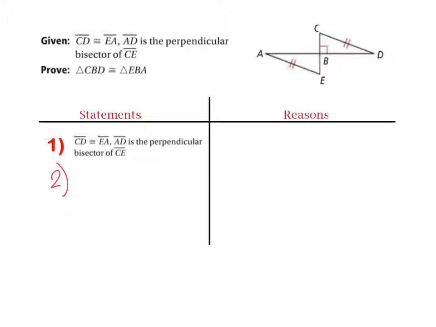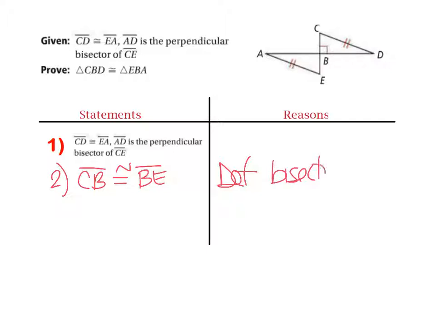Well, that means that these two legs would have to be the same if that's going to bisect CE. So I'm going to state that. I'm going to say that segment CB would have to be congruent to segment BE. And that's the definition. I'm just going to say definition of bisector because that's the part of that statement that I'm using. Forgot to write given, sorry.